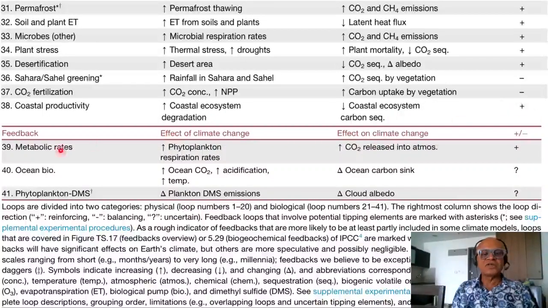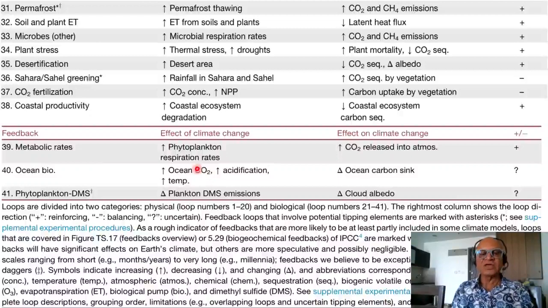The other feedbacks here, metabolic rates: phytoplankton respiration rates can increase. Similarly in the soil, heterotrophic respiration increases CO2 released into the atmosphere, so a positive feedback on climate change. Ocean CO2 can increase, acidification will increase, ocean warming, so we saw this before.